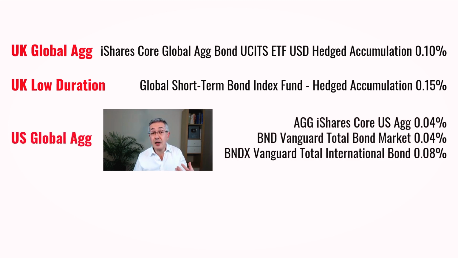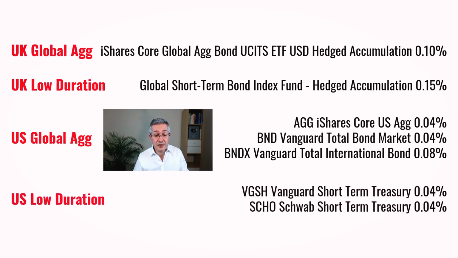For the US, the global aggregate index, which I like best, is either AG or BND. I don't think there's a lot to choose between those two. One is created by iShares, the other by Vanguard. They don't give you global exposure, just US aggregate exposure, and the fee for them is the same, 0.04%, so very cheap. If you did want to create global exposure, you could just add BNDX, and that comes with a fee of 0.08%.